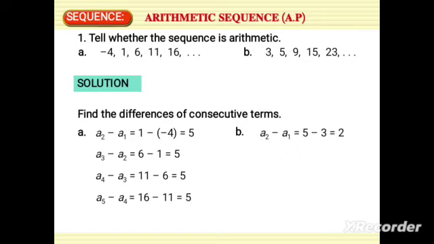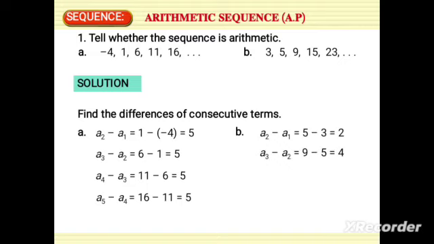The other part B, we'll still do the same: the second term minus the first term, and so on. So we have the sequence itself: 3, 5, 9, 15 and 23. We need to check for the common difference that makes it an arithmetic progression.